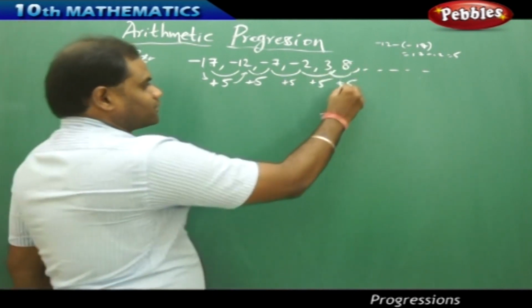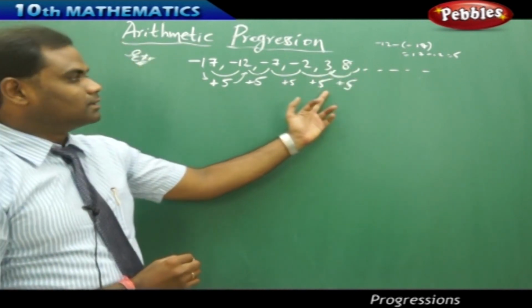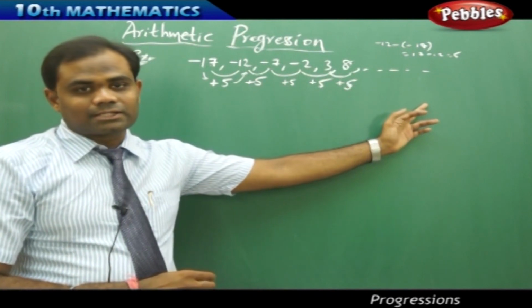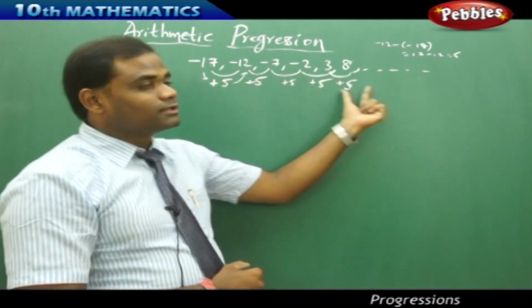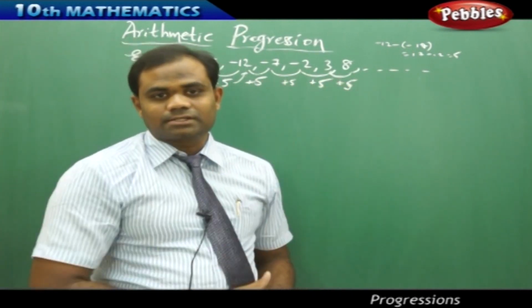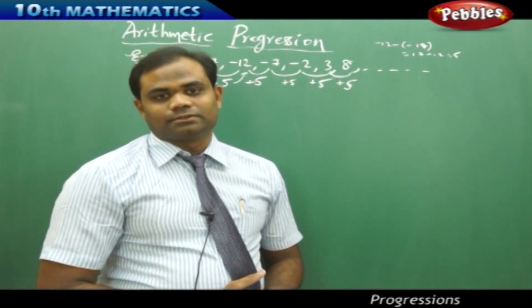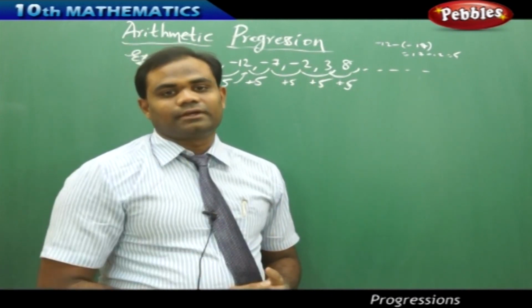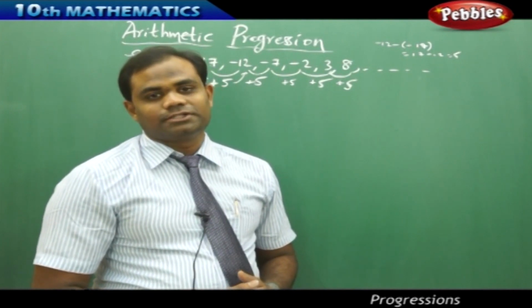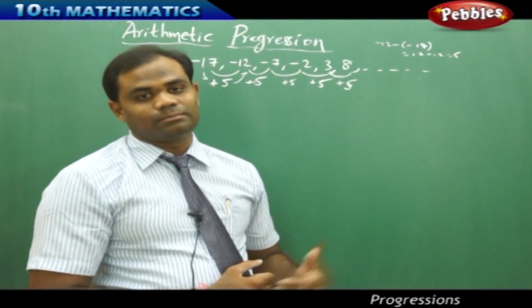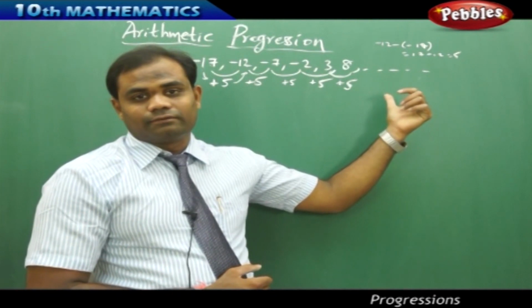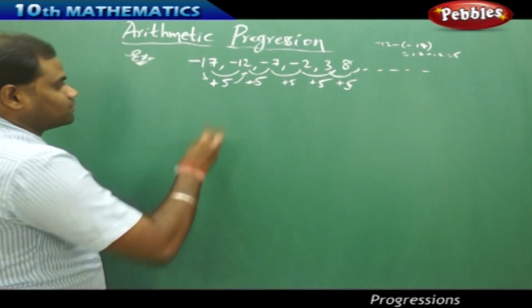Now since the common difference is a fixed number and is the same, clearly I can say that because each of the differences is the same, this is an arithmetic progression. That is how we identify the pattern. The first stage of identifying the pattern is identifying the difference.